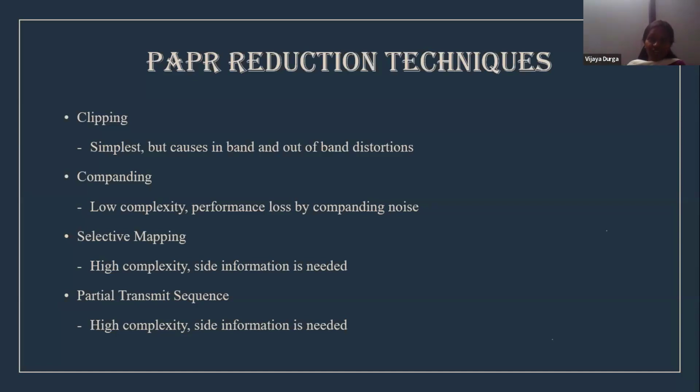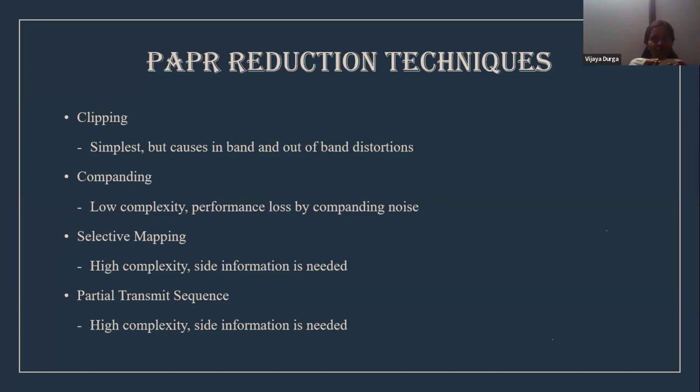If you use mu equal to 5, the PAPR is almost 6 dB or 6.5 dB. If you go for mu equal to 10 or 15, it offers better PAPR performance, that is, lower PAPR. But coming to the BER, when you increase the mu value, the BER performance degrades.